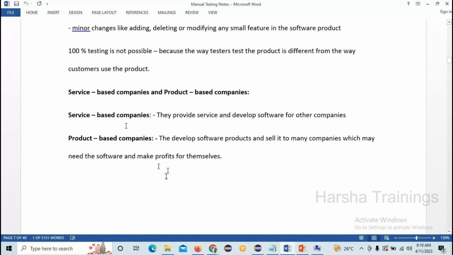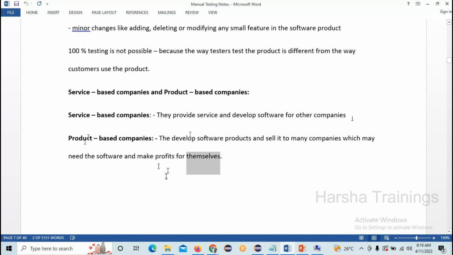Here they develop software for other companies, but there they develop the software for themselves and sell it to other companies, and make profit for themselves.